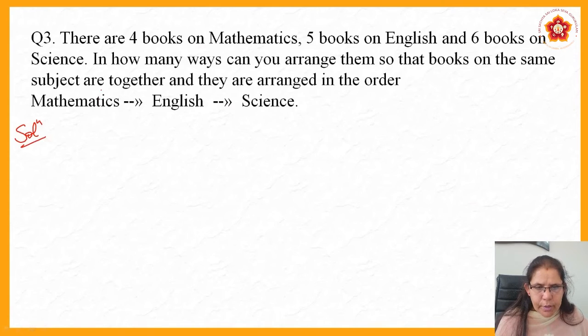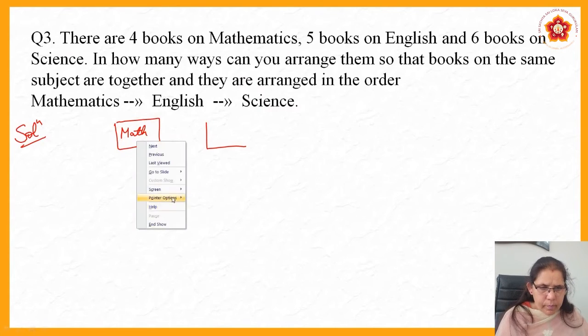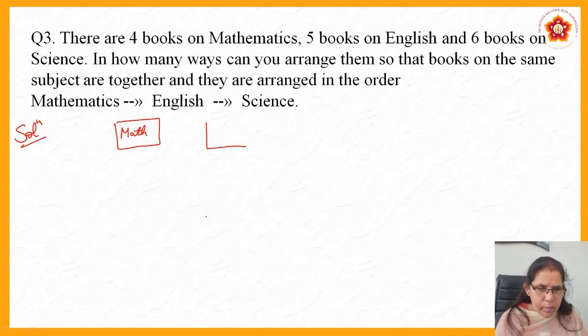Let's look at the next question. There are 4 books on mathematics, 5 books on English and 6 books on science. For maths, we have 4 books.